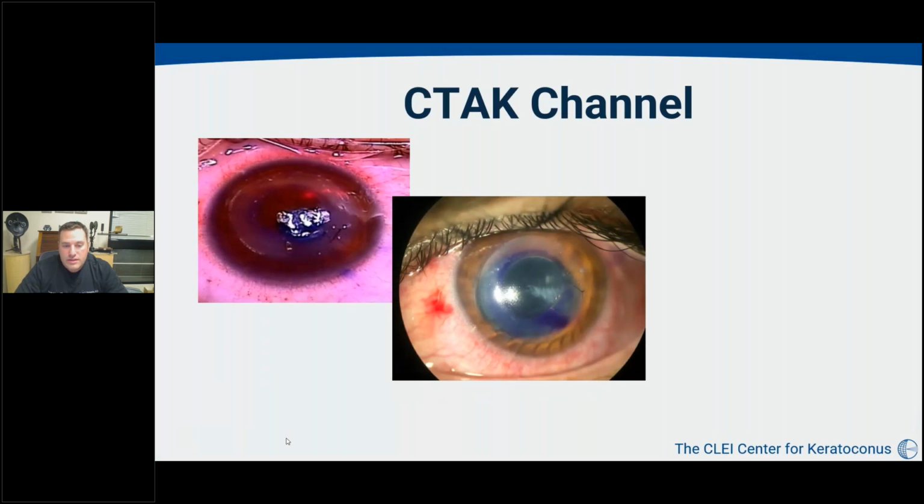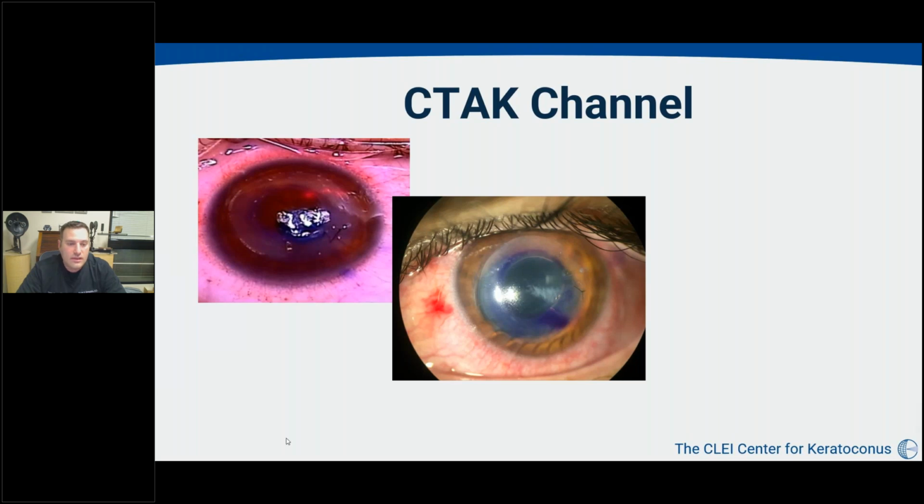Now, one of the things that I haven't seen as much since we developed the instrument set specific for CTAK are tears within the channel. Again, one of the nice things about using a corneal inlay is that in a synthetic ring procedure, anytime you had any kind of tear in a channel, you pretty much had to abort the procedure.